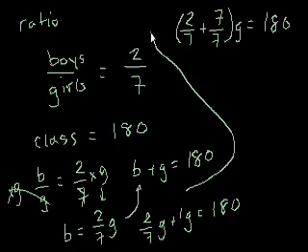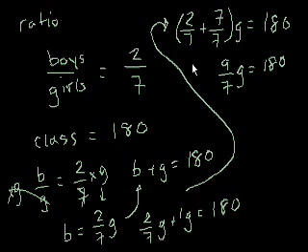So 2/7 plus 7/7 g equals 180. So we have 9/7 g is equal to 180. And then we just multiply both sides times the reciprocal, times 7 over 9. Whoops, that's not a g, that's a 9. Once again, intentional device to confuse you.